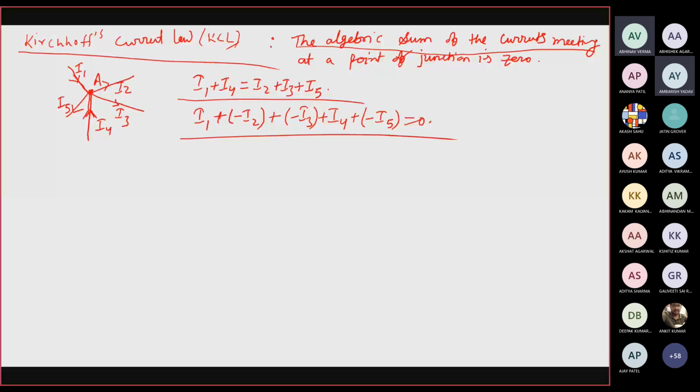Now, based upon this statement, you can apply this concept in any complex electrical network.